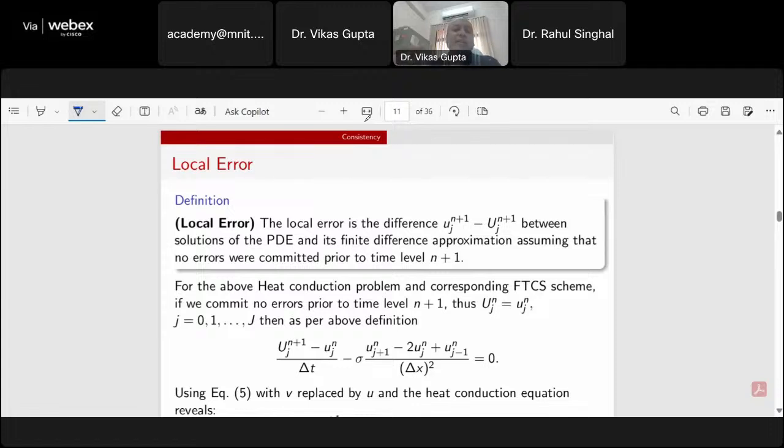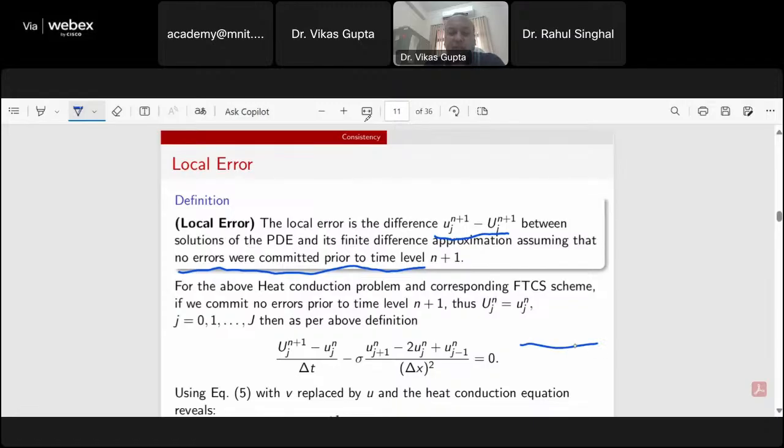The local error is defined with the difference u_j^(n+1) minus U_j^(n+1), where small u is the continuous solution at the x_j, t_(n+1) point, and capital U_j^(n+1) is the solution of the difference equation at the x_j, t_(n+1) point. That difference defines the local error, provided that there is no error prior to the time level n plus 1, because we have different time levels like this.